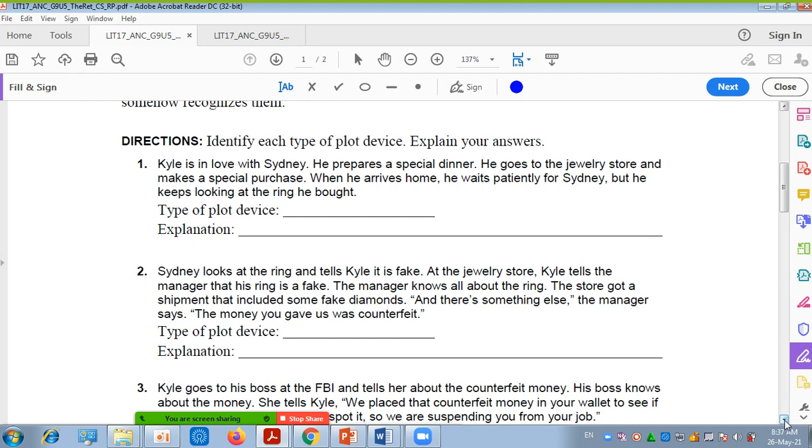Now, did the author tell you anything about Kyle's intentions? What he is thinking about, or what he's going to do? Did the author tell you clearly that Kyle is going to do 1, 2, 3?